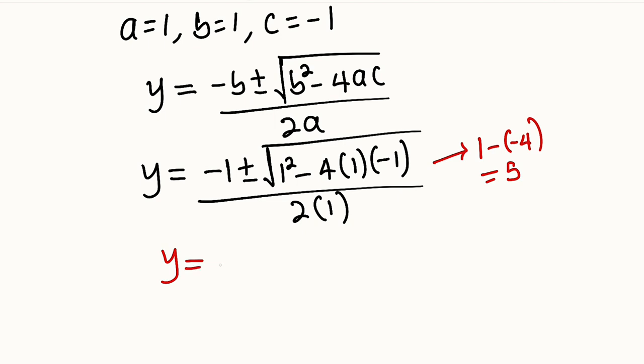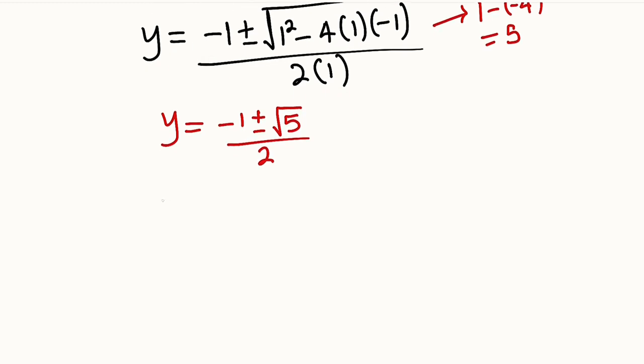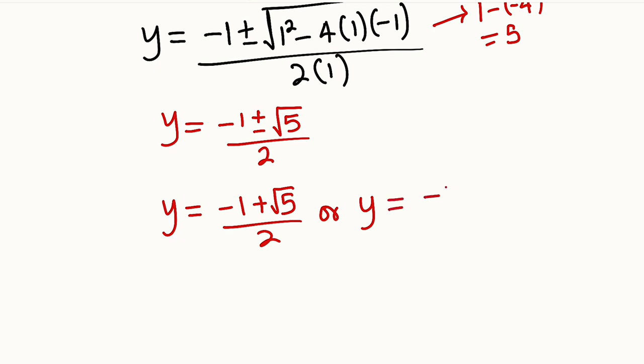Therefore, y is equal to minus 1 plus or minus square root of 5 divided by 2 multiplied by 1, which is 2. So now we can split the values of y. y could either be equal to minus 1 plus root 5 divided by 2, or y can be negative 1 minus root 5 divided by 2.